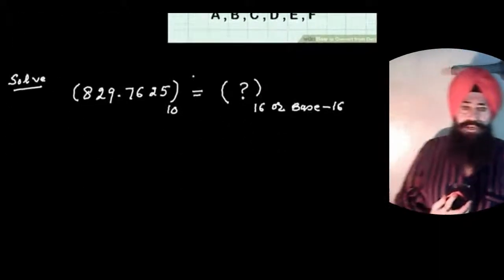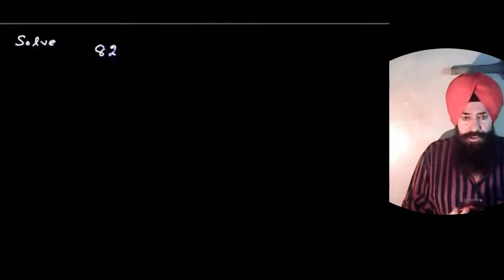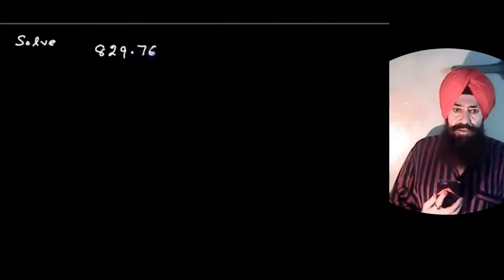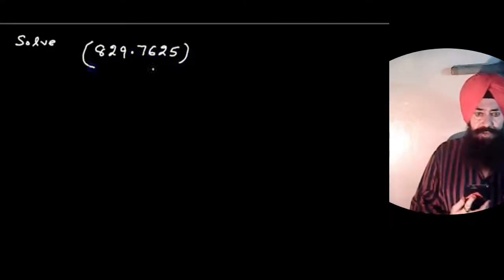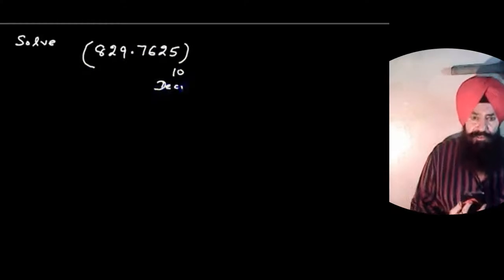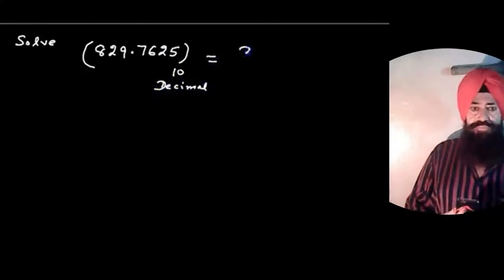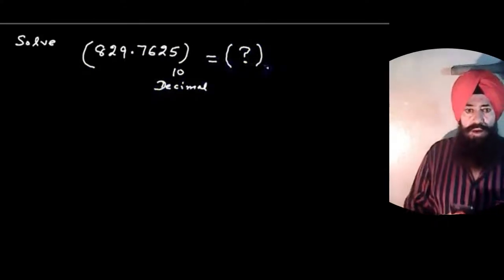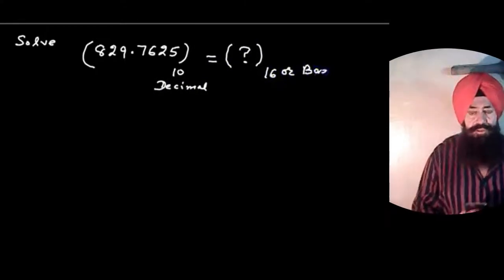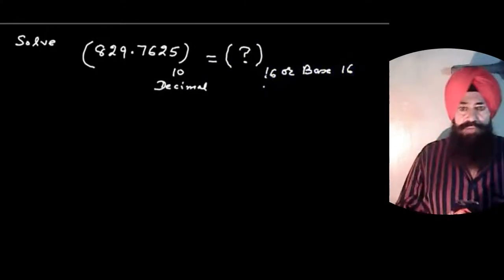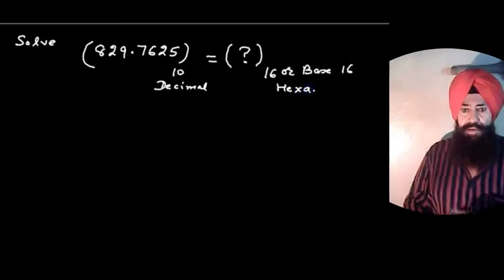Decimal to hexadecimal, hexadecimal meaning base 16. So now what's the solution? The problem is 829.7625, decimal meaning base 10, and we convert it into hexadecimal, base 16, right?